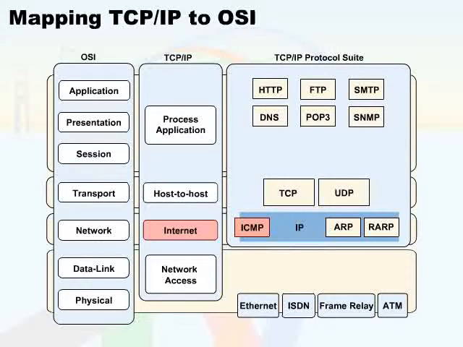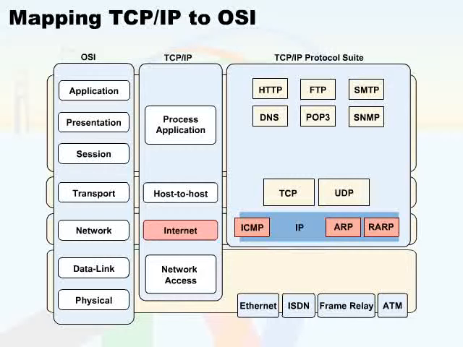In addition, at layer 3 of the OSI model and on the internet layer of the TCP/IP DoD model, we must have a protocol that allows us to map the native IP addressing, which is used by the IP protocol, to the burned-in address, BIA, the MAC address of the target systems. What we use here is the Address Resolution Protocol and the Reverse Address Resolution Protocol.